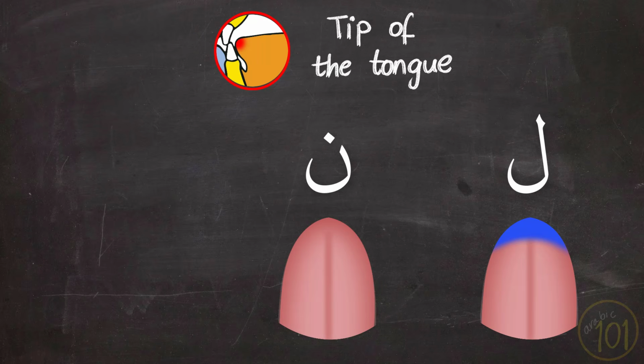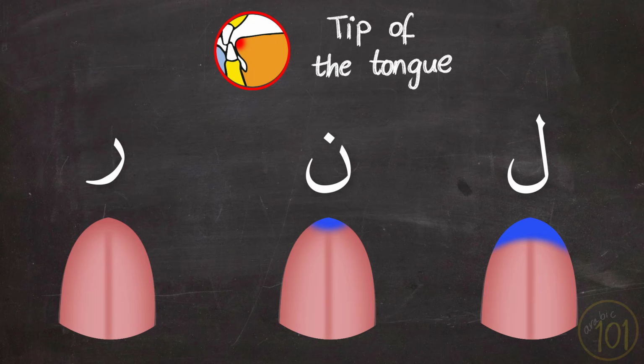And when pronouncing the Noon, this much of the tongue makes contact with the alveolar ridge. So this tiny bit presses against the alveolar ridge, producing N sound. When it comes to Ra, it is somewhere in between, specifically this area.